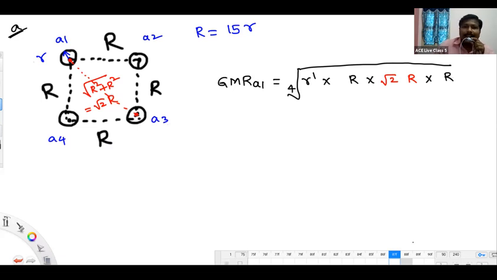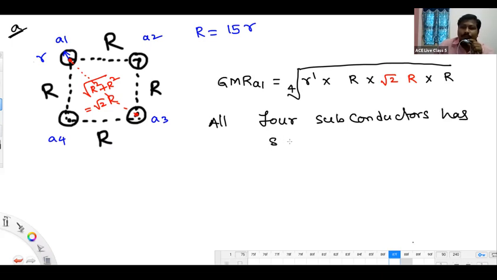What is the GMR of A3? Same numbers. GMR of A4, same numbers. All 4 subconductors have the same GMR value. Therefore, the GMR of phase A is nothing but the GMR of the subconductor A1 itself.